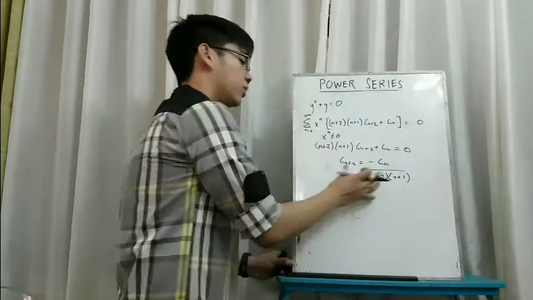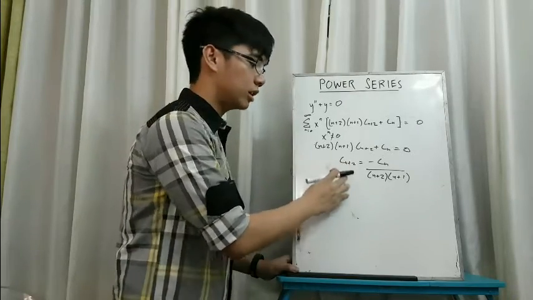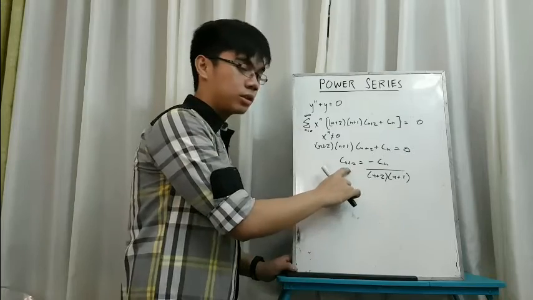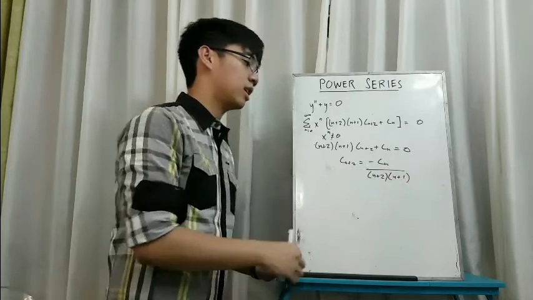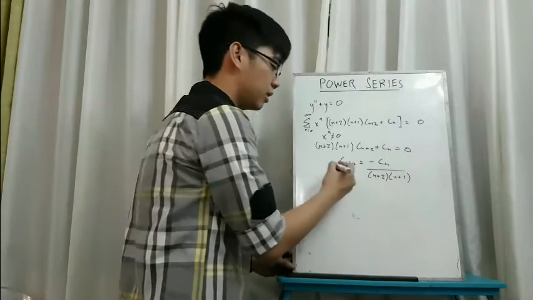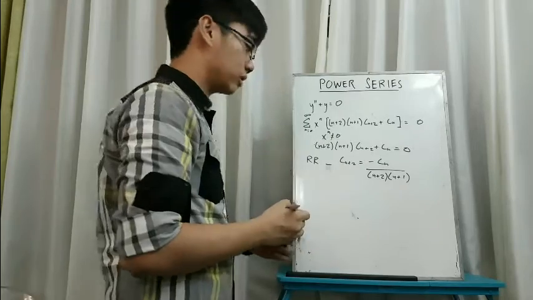Why did we do this? Because the higher term, or the next term, depends on its previous term. As you can see, this is n plus 2 and this is only n. By the way, this is what we call the recursion relation.